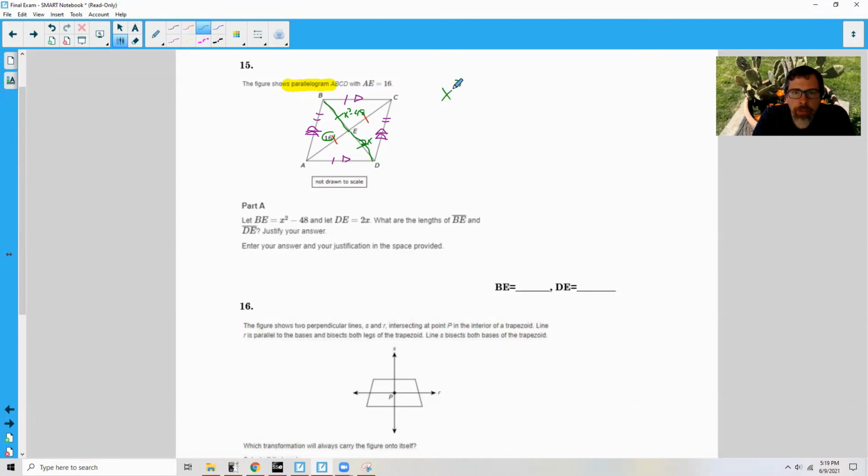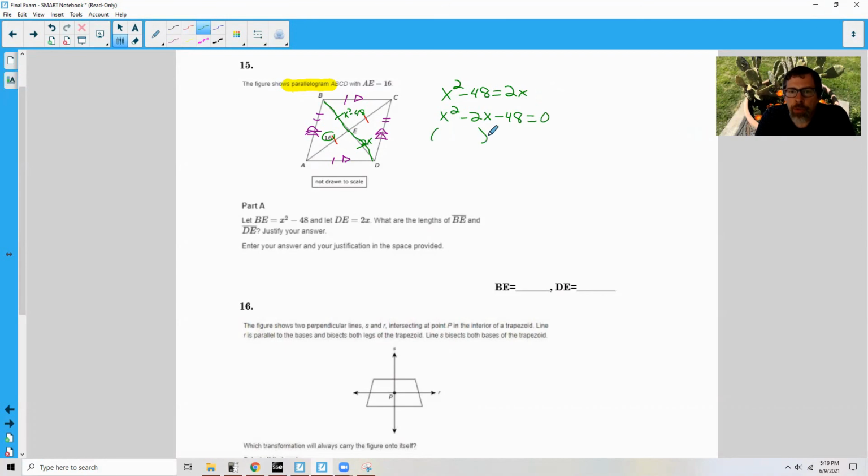So I say x squared minus 48 equals 2x. In order to solve this, we have a squared, we have an x, we want to move everything over to one side and create a quadratic. So I'm going to subtract 2x. So I'm going to get x squared minus 2x minus 48 equals 0. I just put that in standard form.